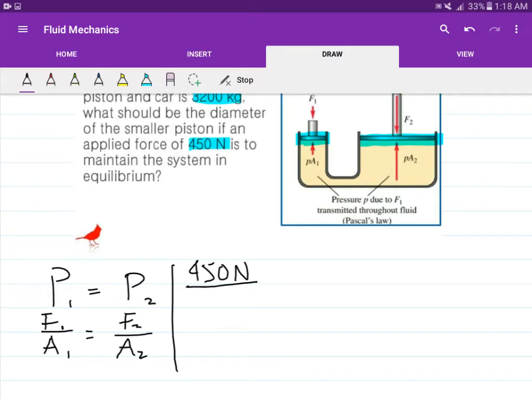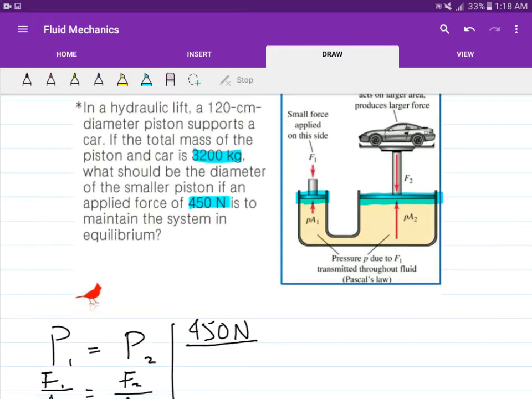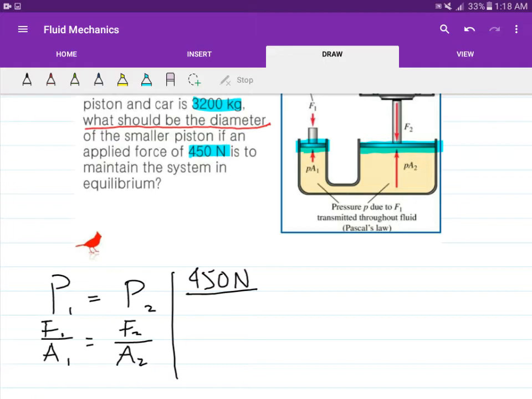A1 is unknown. So we should be able to solve the diameter of the smaller piston. So since this is a cylinder, its cross-sectional area is the area of a circle. So this is pi r square. So this is A1.